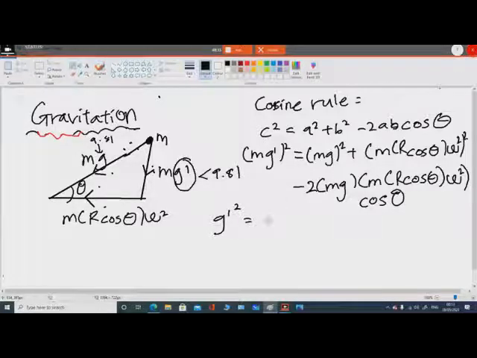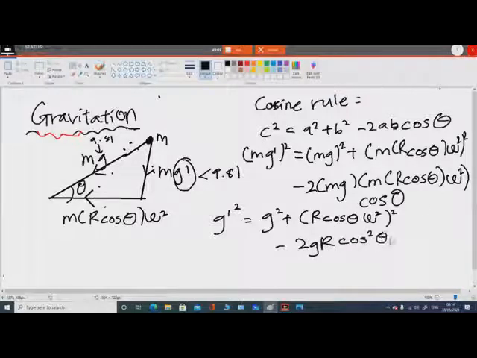So this one will be our g squared plus r cos theta omega squared minus 2gr cos squared theta omega squared.